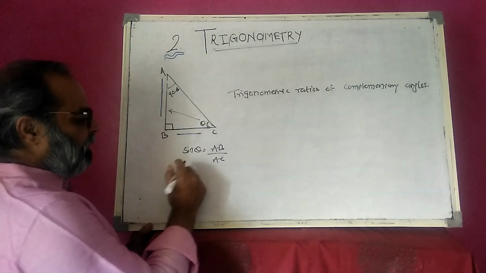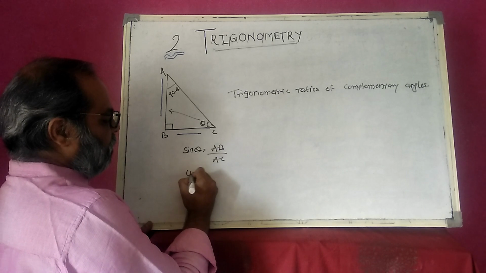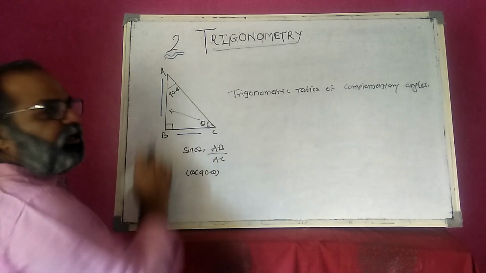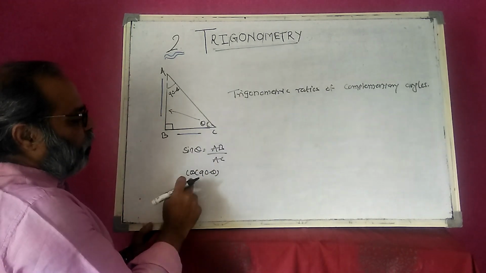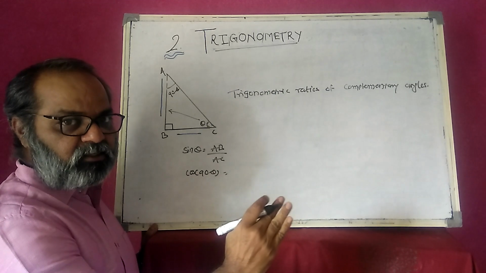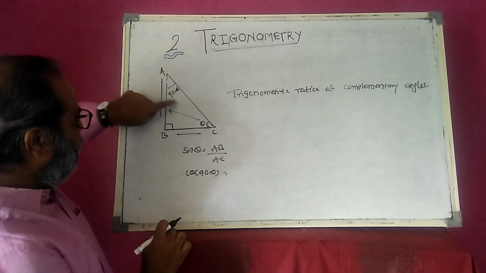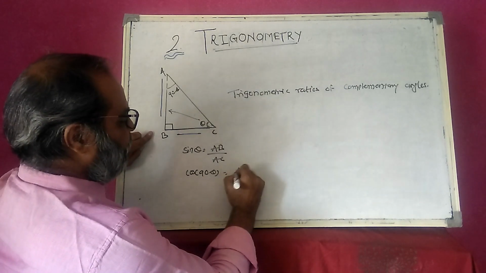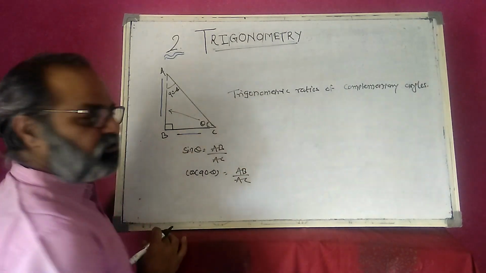Okay, at the same time, I just find cos of 90 minus theta, this angle. So 90 minus theta is at A. So what is the cos? Cos is adjacent side upon hypotenuse. So for 90 minus theta, what is the adjacent side here? Here it is AB. And what is the hypotenuse? It is AC.